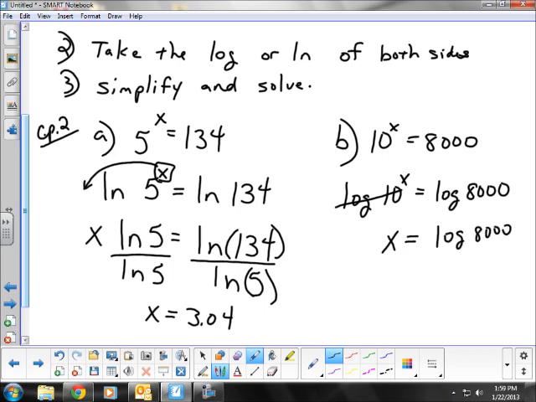And so instead of having to type in 2 logs, if you're paying attention, you can just type in 1 and be done with it. 3.9, it's 2 places past the decimal. 3.90, thank you. Any questions about how to do that?